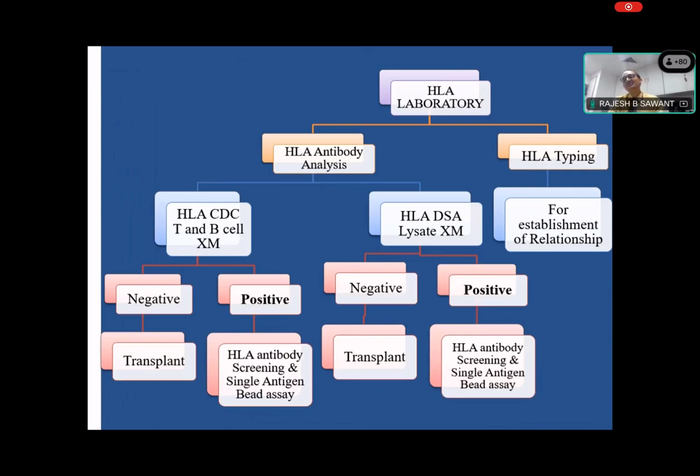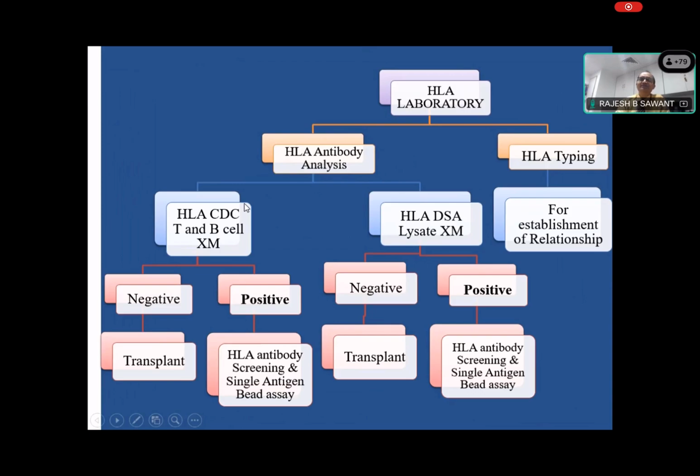You do that with your NGS. And if it is a solid organ transplant, then you can do an intermediate level or even a low resolution HLA typing, because that suffices. In both cases, especially in a haploidentical hematopoietic stem cell transplantation and in solid organ transplantation, you will also screen the patient for HLA antibody analysis.